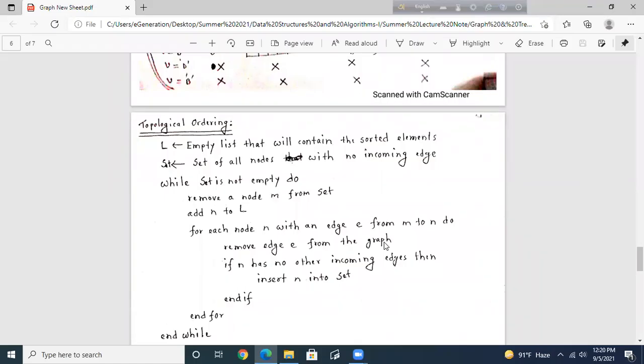In our practical life, we maintain some topological order. For example, when we wear our dress, we maintain some topological order. When we dress up, finally, after wearing the socks, we wear shoes.